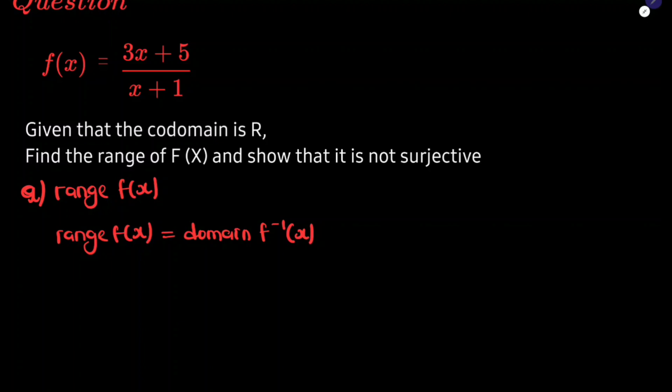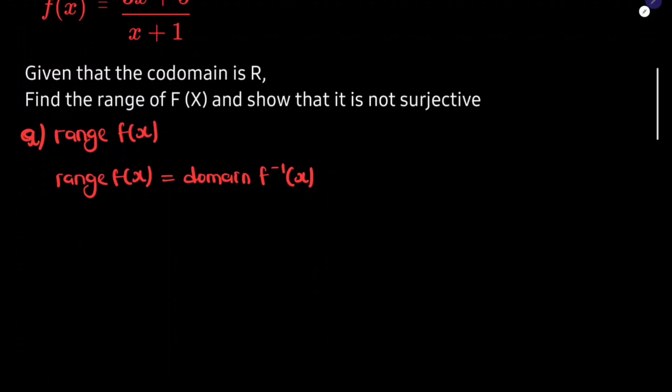So the range of f of x is equal to the domain of f inverse of x. So that brings us to another part. So we need to find now f inverse of x. And to find f inverse of x, we need to let y be equal to f of x. And from there, we need to solve for x in terms of y.